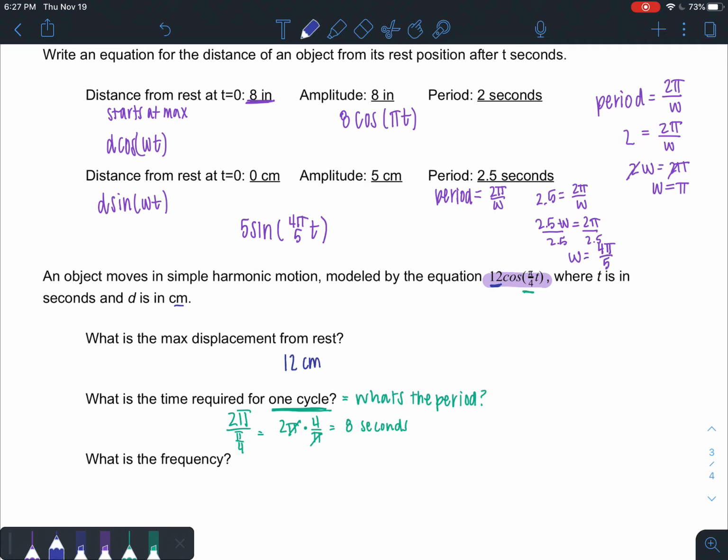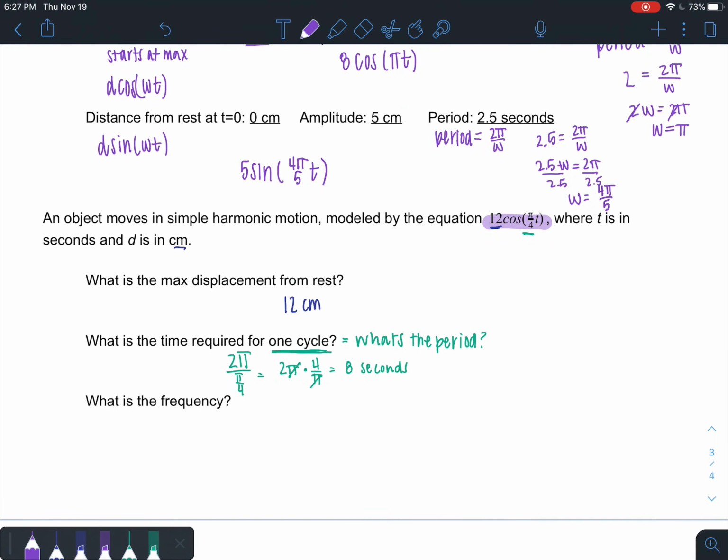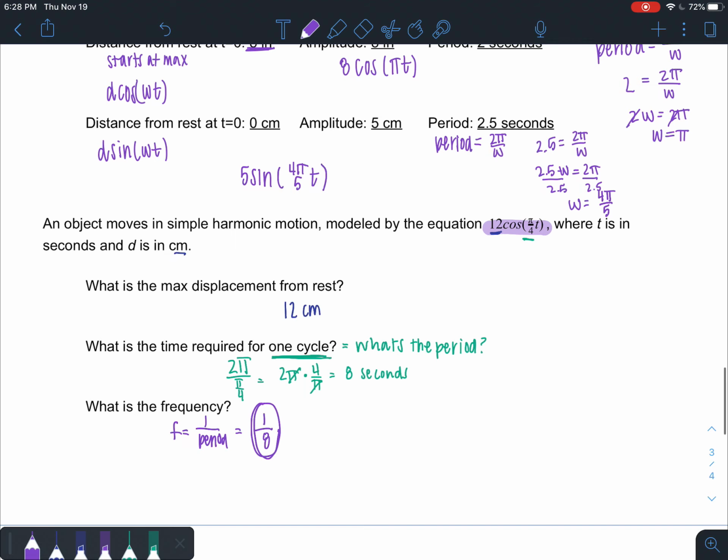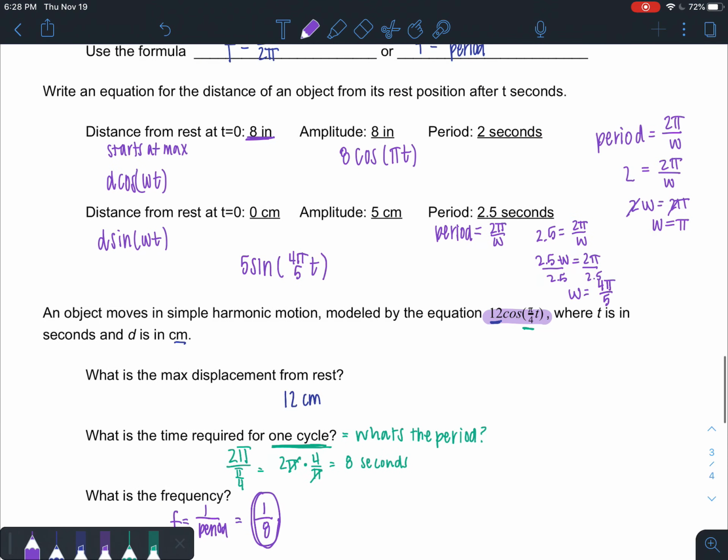And then this is in centimeters because it gives us centimeters here. And then the frequency, if you remember, is 1 over the period. And our period is equal to 8, so we get 1 over 8. Frequency is 1 over 8.